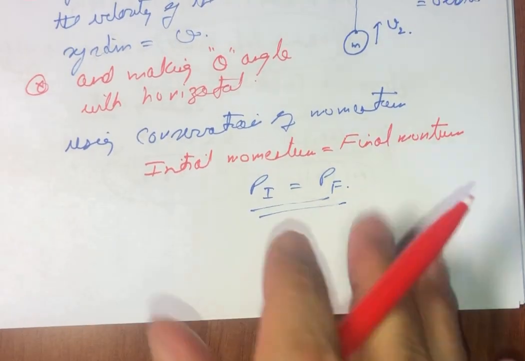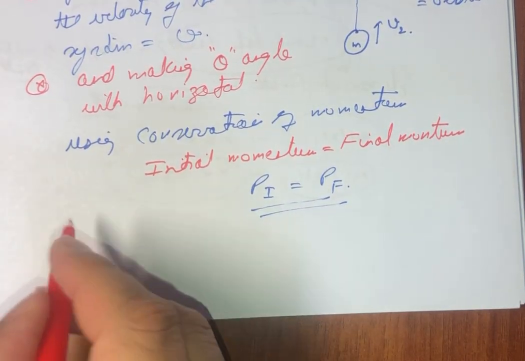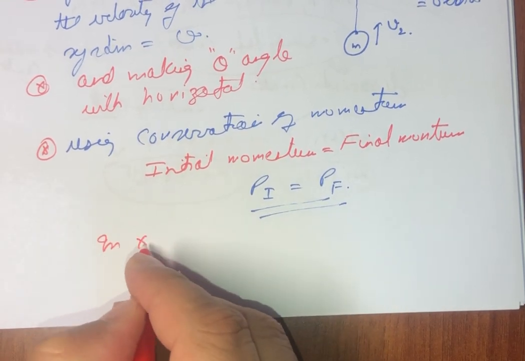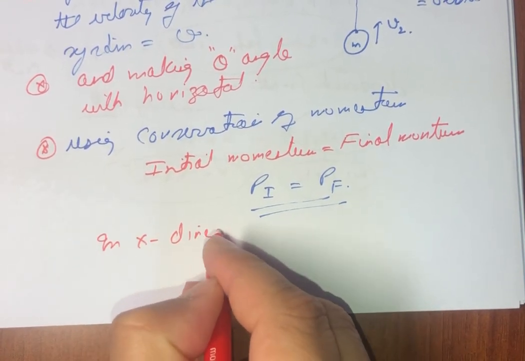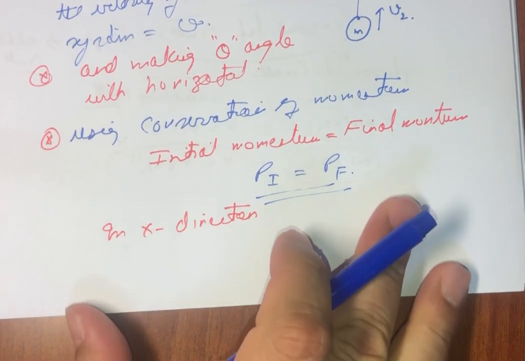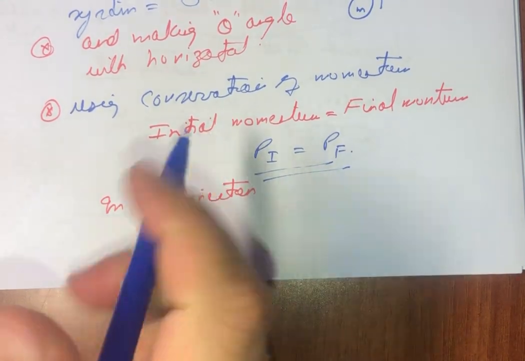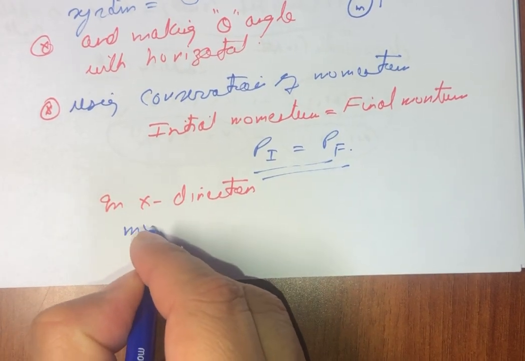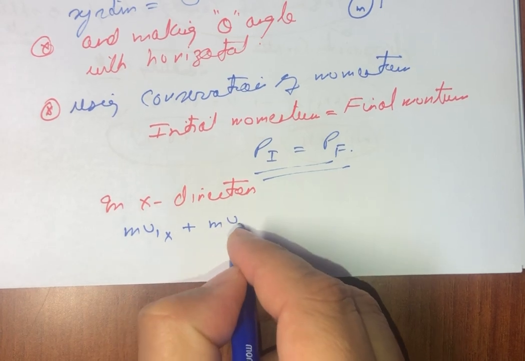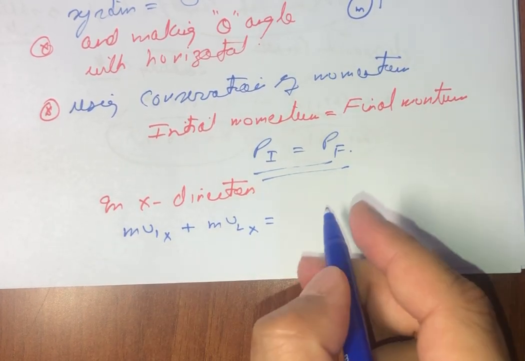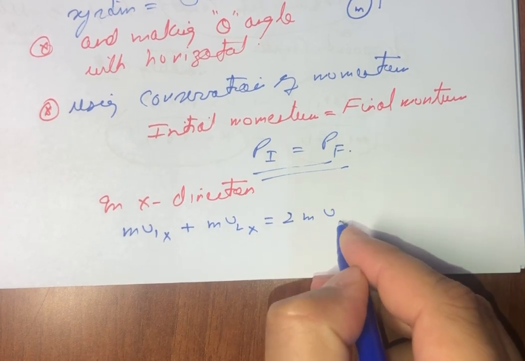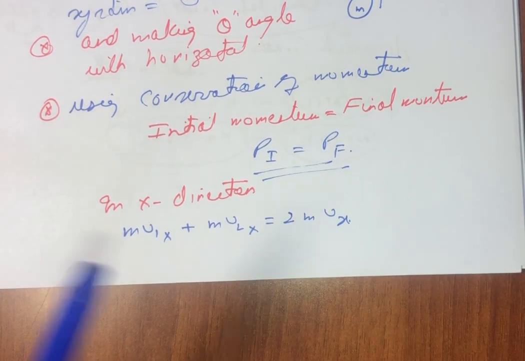So we can say in x direction we can write that mv1 in x direction plus mv2 in x direction is equal to 2m velocity in x direction.